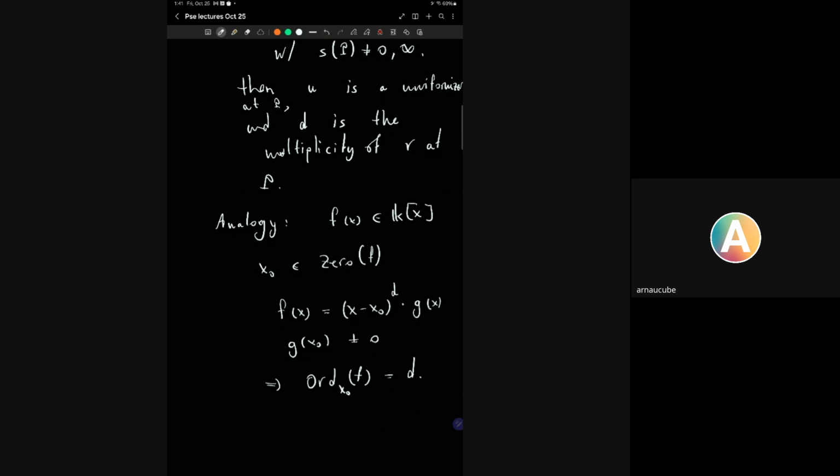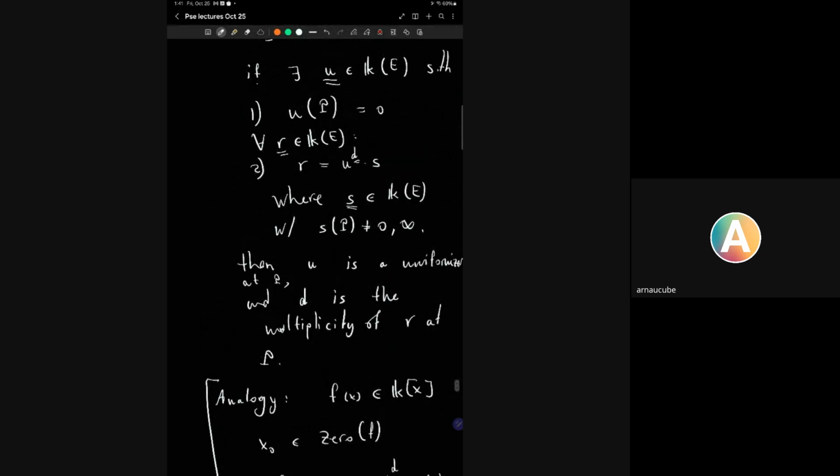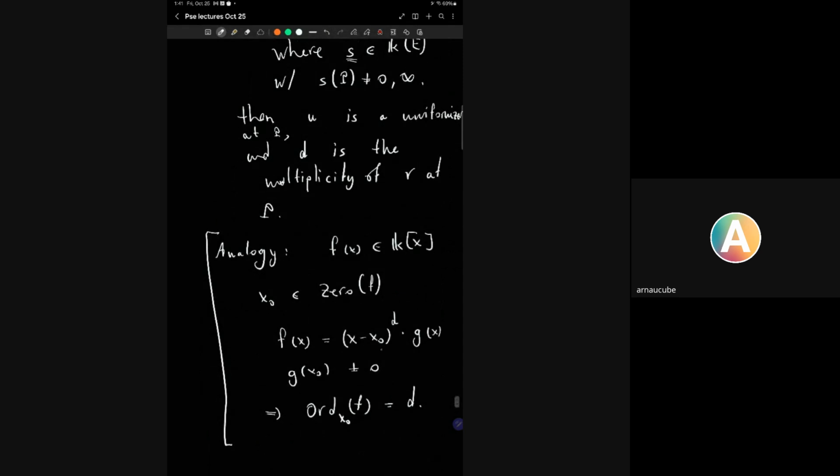And the definition of uniformizer is supposed to imitate this procedure, but because we are talking about polynomials in two variables, it's a bit harder. For polynomials in one variable, the uniformizer is always of the form x minus x0 for some x0. But in two variables, we have a more difficult time.